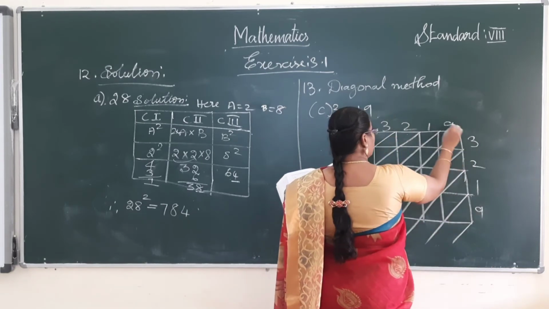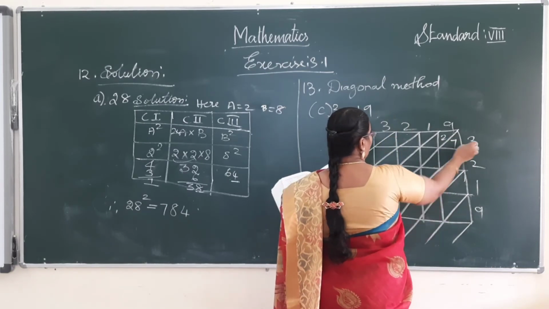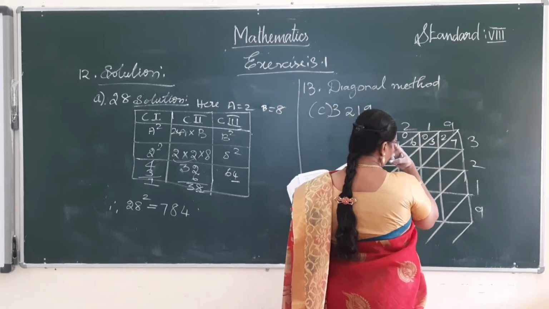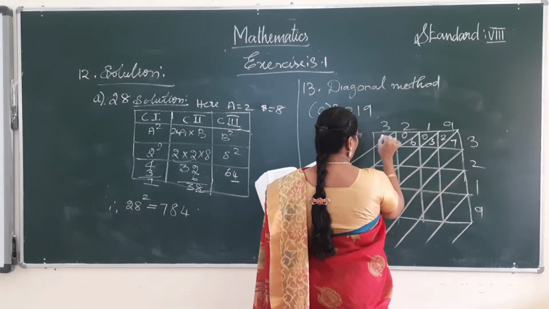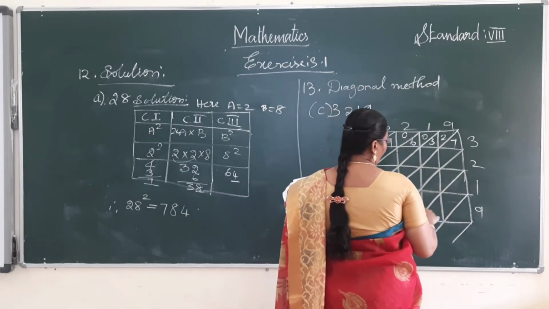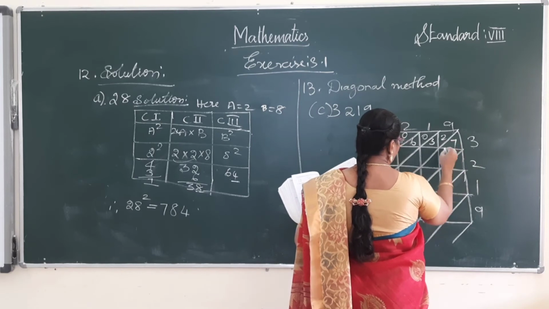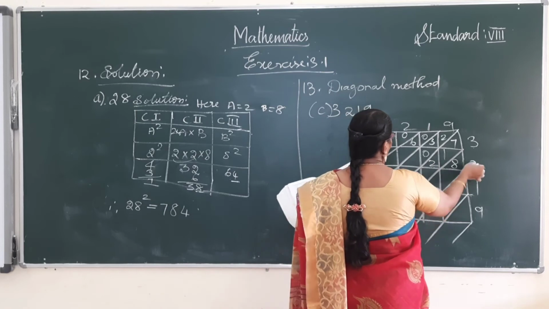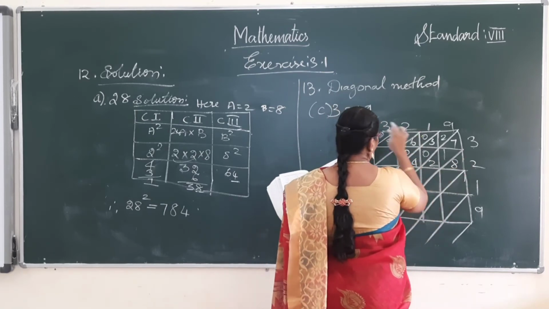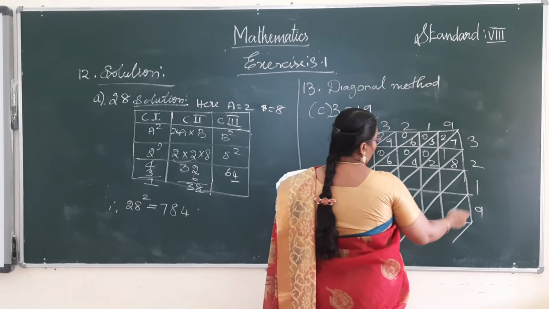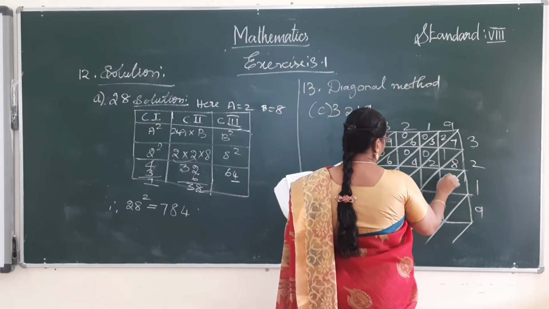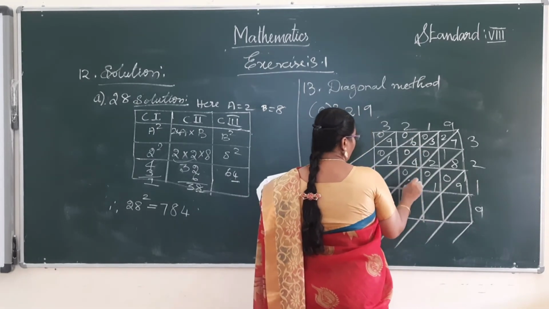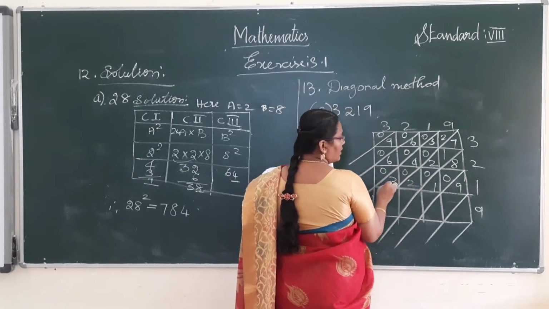3 9s are 27, 3 1s are 3, 3 2s are 6, 3 3s are 9. Okay, and next 2 9s are 18, 2 1s are 2, 2 2s are 4, 2 3s are 6, and 1 9 is 9, 1 1 is 1, 1 2s are 2, 1 3s are 3.